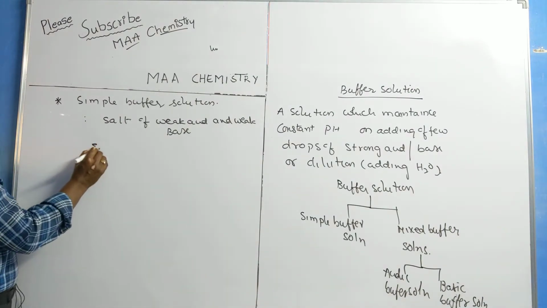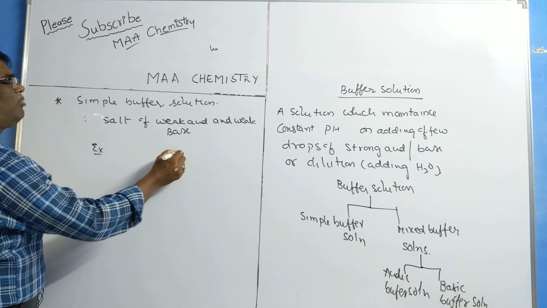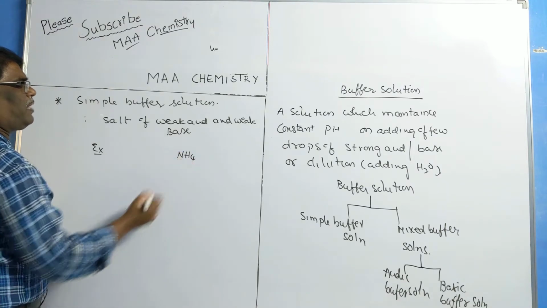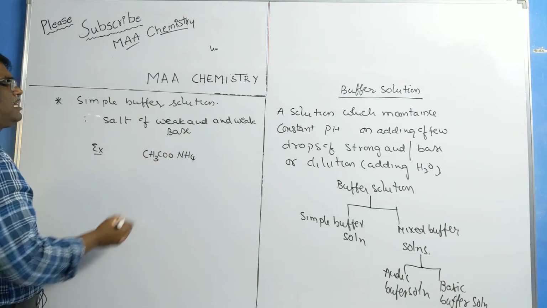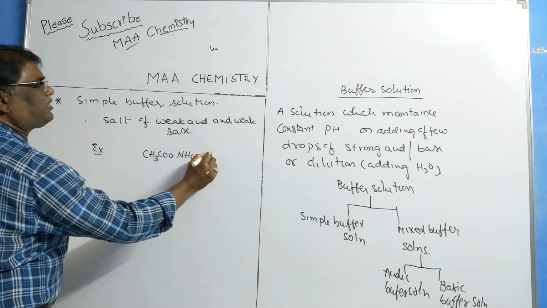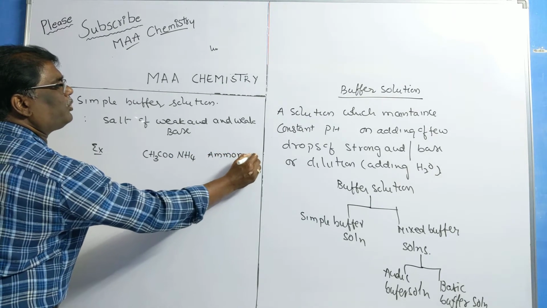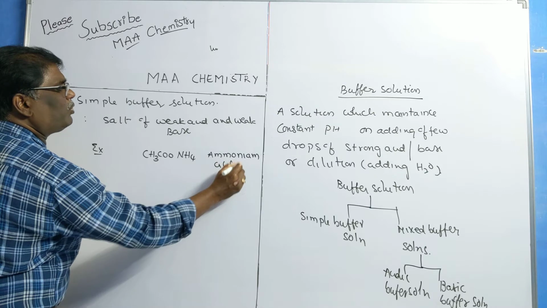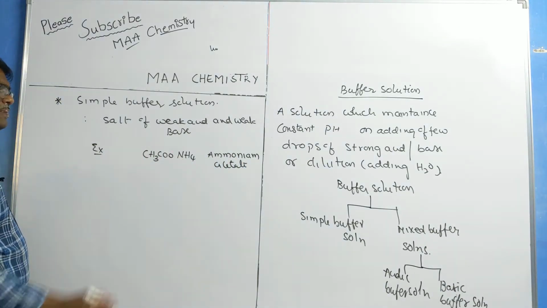For example, ammonium hydroxide is a weak base. Acetic acid is a weak acid. The salt ammonium acetate is the salt of a weak acid and a weak base.